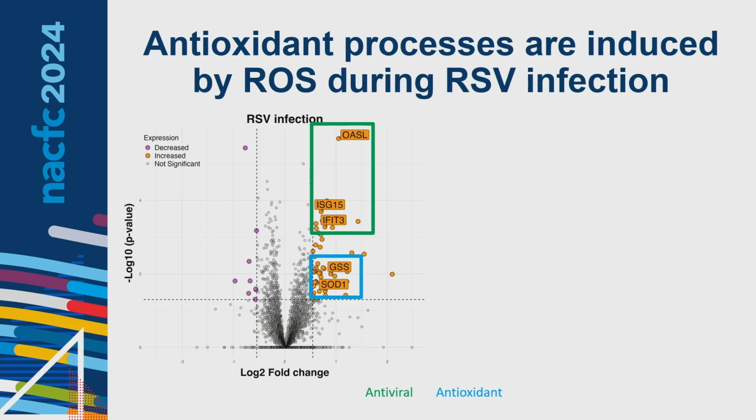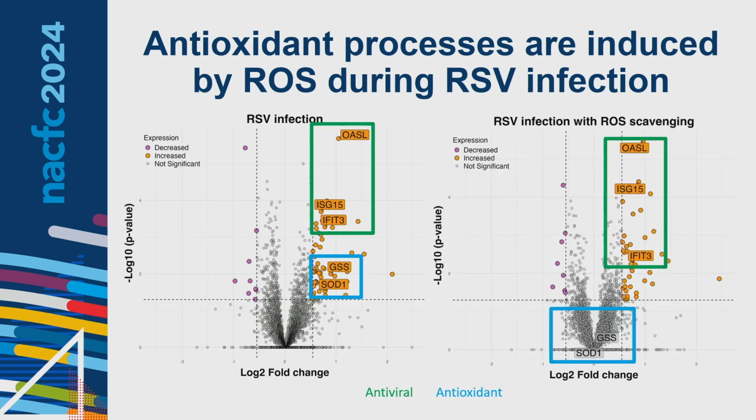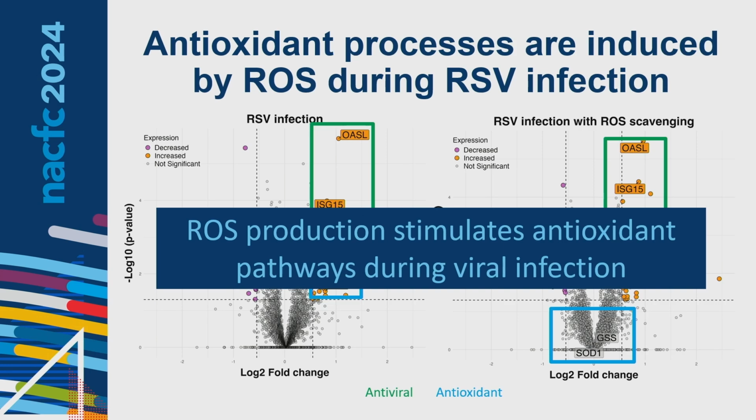And interestingly, when we treat these RSV-infected cells with a mitochondrial ROS scavenger called mitotempo, while we still see those antiviral proteins being significantly increased, we lose that antioxidant pathway signaling, indicating that the production of reactive oxygen species is responsible for and stimulating the antioxidant pathways that we see during viral infection.